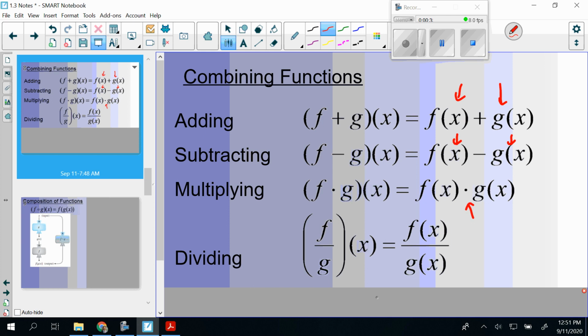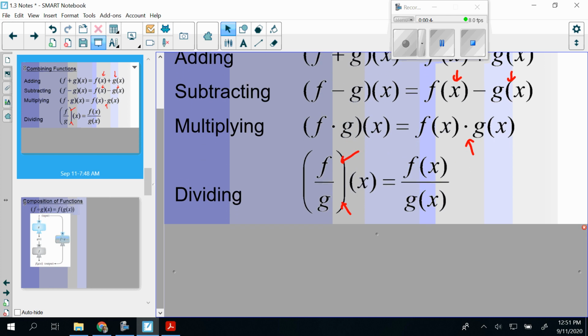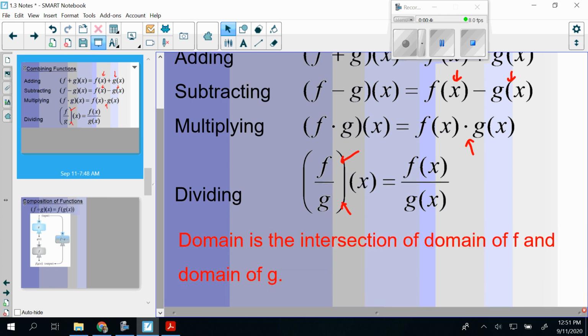Dividing, you take whatever the function is on top and divide it by whatever the one is on bottom. When you are doing these operations and they ask you for the domain, it is going to be the intersection of f and g.